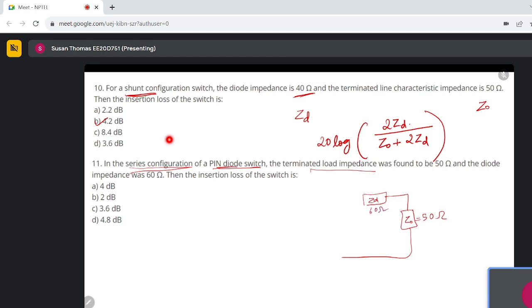This is a series configuration pin diode switch. In case of series configuration, the equation is 2ZD plus Z0 divided by 2ZD.